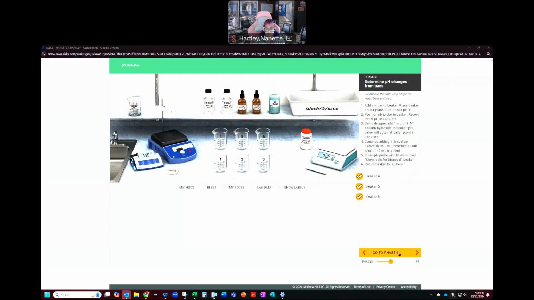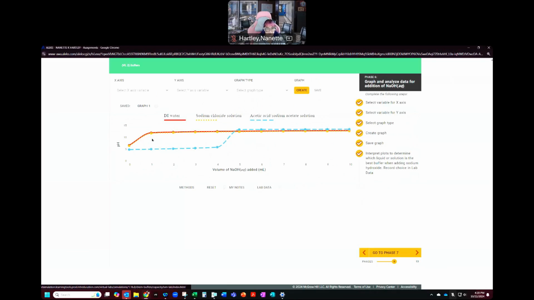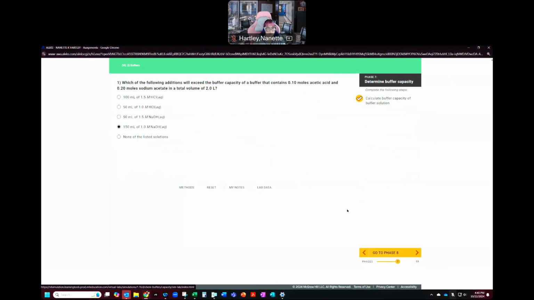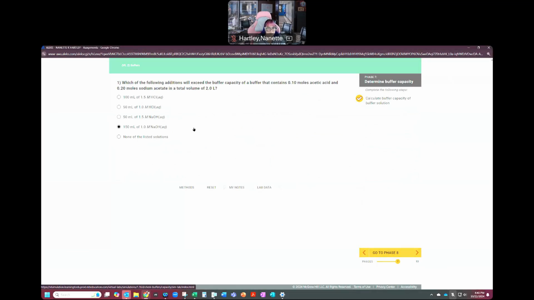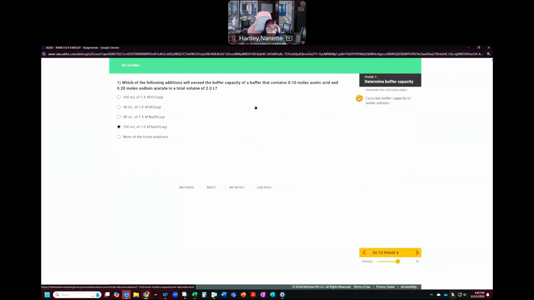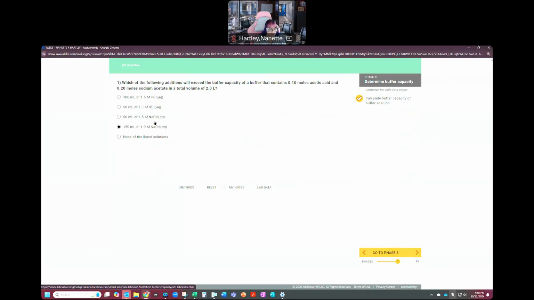Okay, so again, creating that same scenario of things and deciding which is the best set. Then you're going to be asked which is the set of solutions where you run out of buffer capacity. All right, and that's always based on the number of moles of solution that you have.